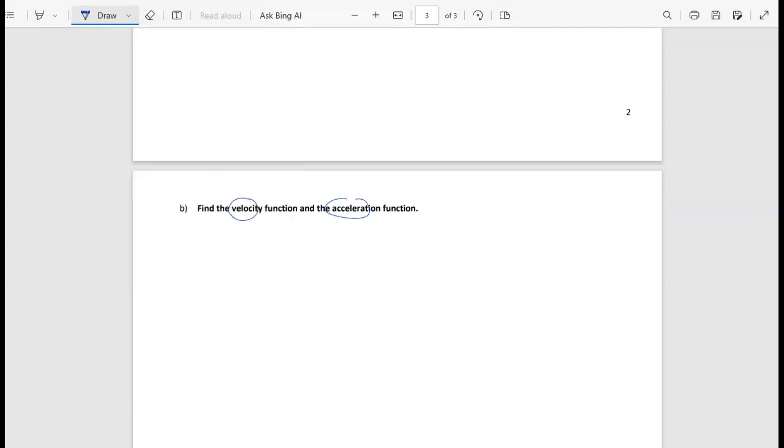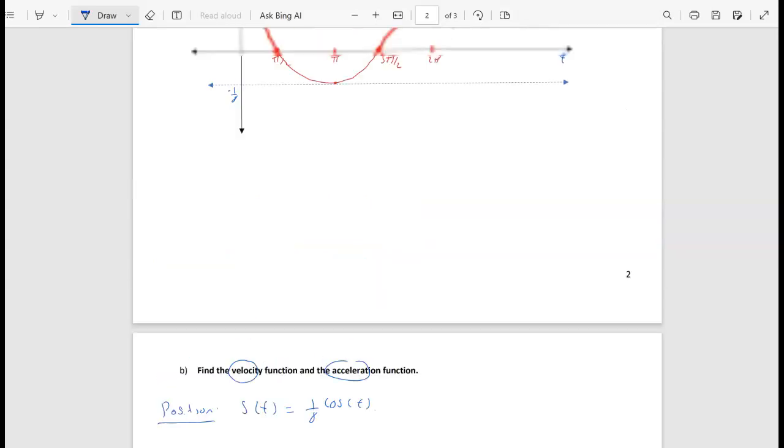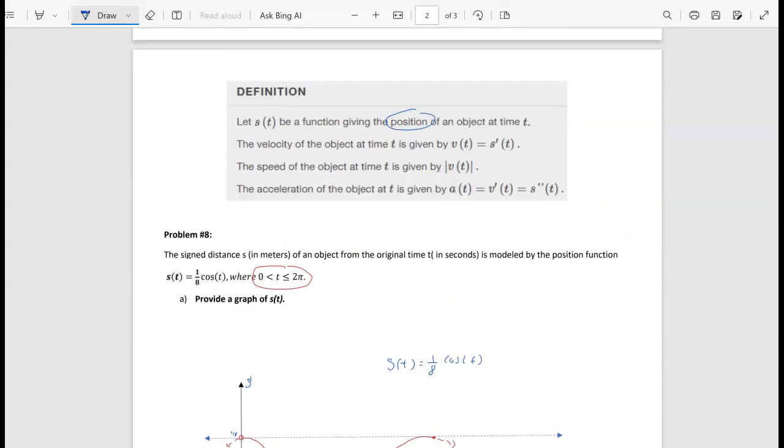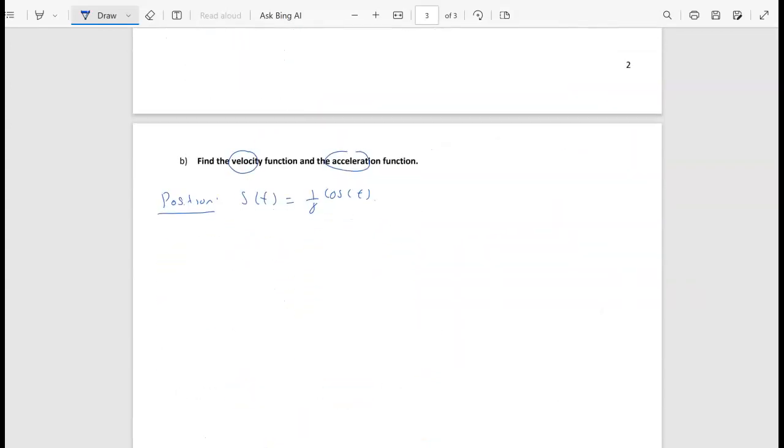So let me write out what the position function was. Our position is s of t, and this is equal to 1/8 cosine of t. Now, they want velocity. By definition, the velocity represents the first derivative of position. So let me rewrite it: our function v of t is equal to s prime of t, which means evaluating the derivative of 1/8 cosine of t.